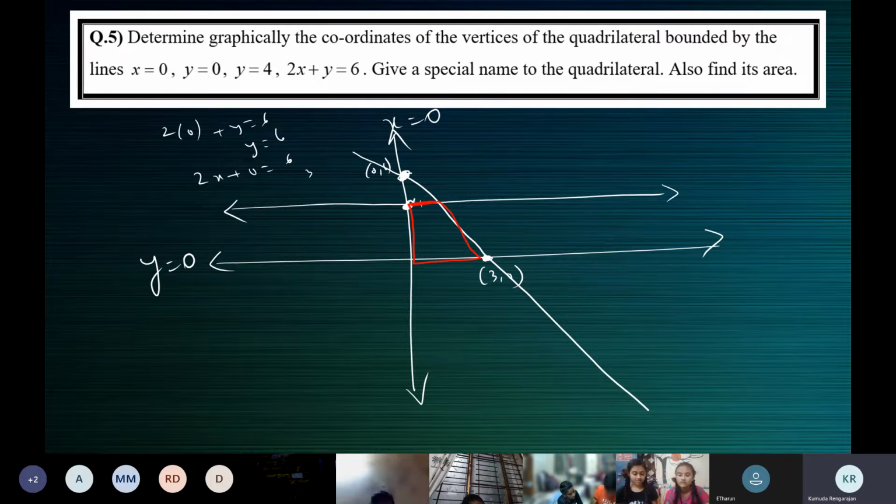Each of the sides must come from the lines given to us. This side is from y is equal to 4. This side is from 2x plus y is equal to 6. This side is from y is equal to 0. And this side is from x is equal to 0. So this is the quadrilateral bounded by the 4 lines.